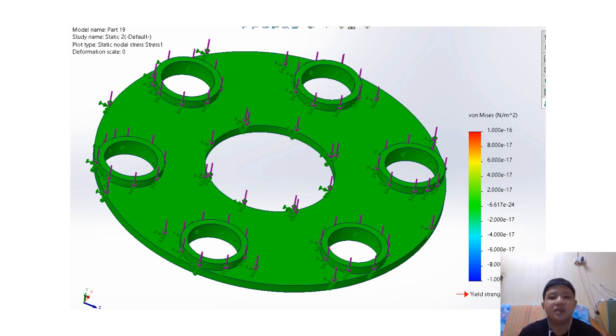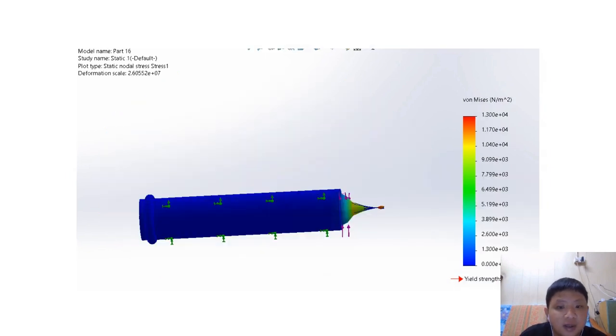As we can see here, when the color is brighter, that is where the strength is more concentrated. This one is part 19, and this one is part 16. For part 16, mostly the force goes through where the purple arrow is going through. The deformation will happen, and it will start to deform and break down.